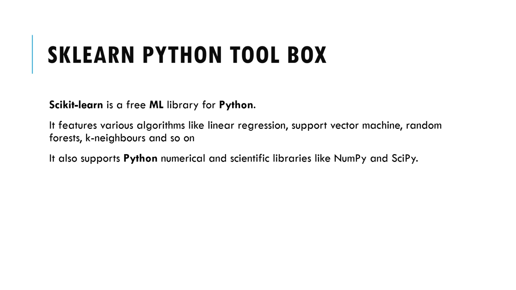These inbuilt models are inside scikit-learn, so we are going to use that. We will import linear models for our linear regression, and it also supports the Python numerical library NumPy and scientific libraries like SciPy. We need all those things in this application.